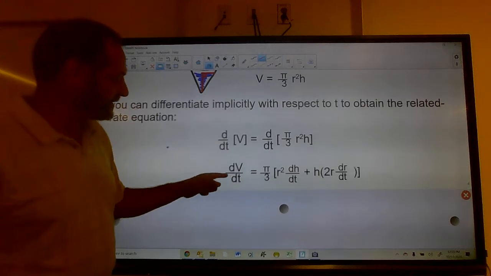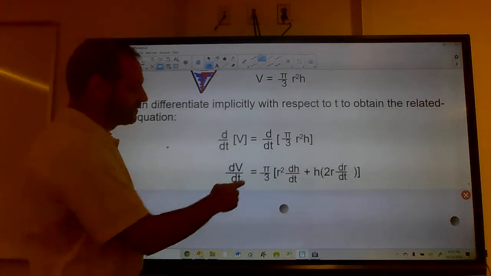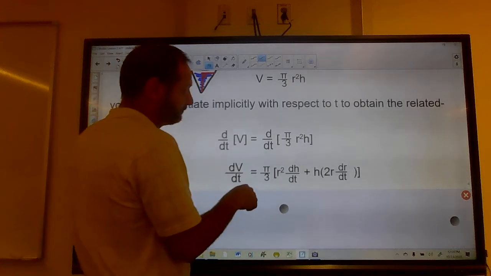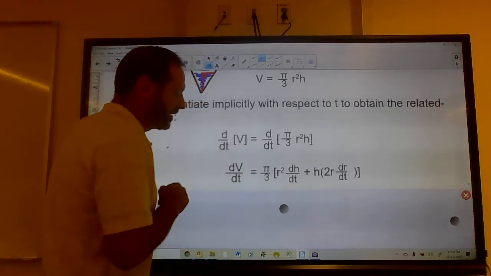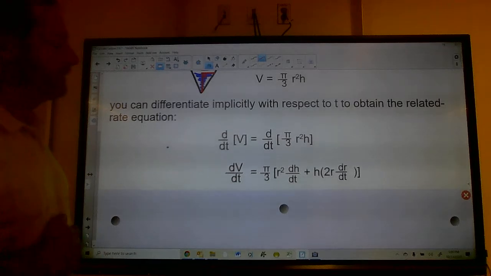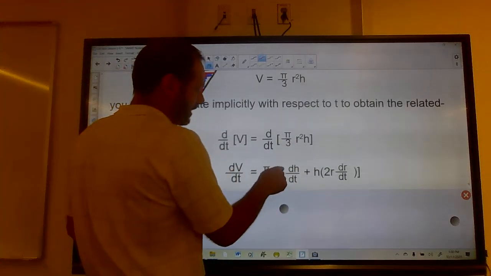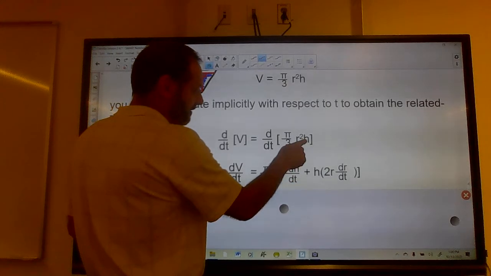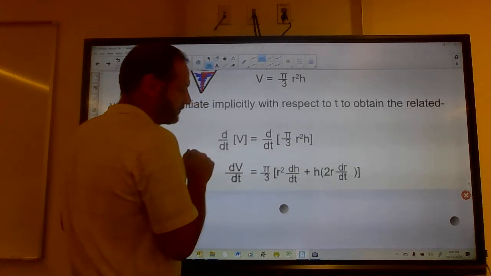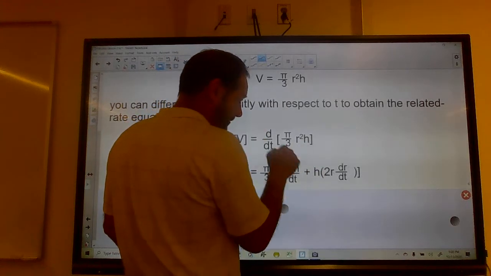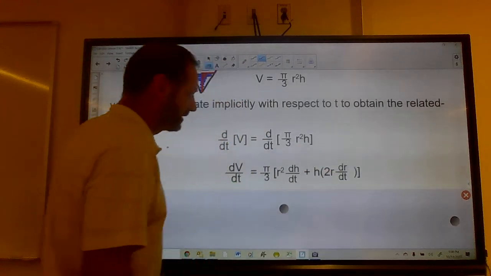So we get dV/dt over here. The pi over 3, we factor that out because it's a constant. We use the product rule on the rest of it. So we've got r squared times the derivative of h with respect to t, and then we have h times the derivative of r squared with respect to t, which is 2r dr/dt.